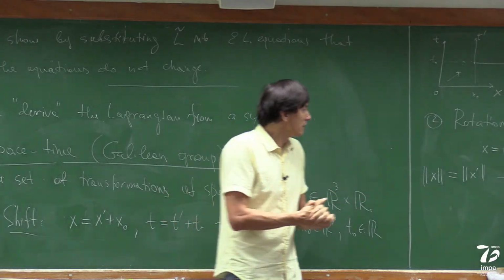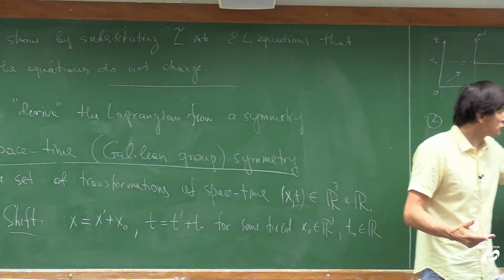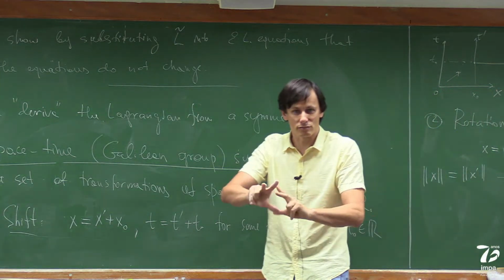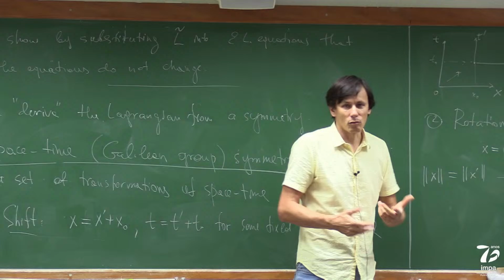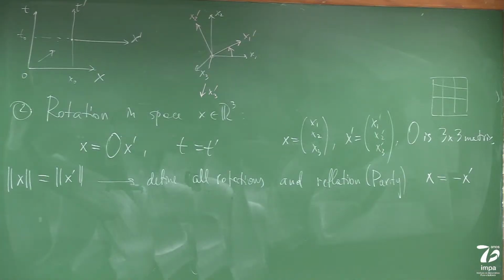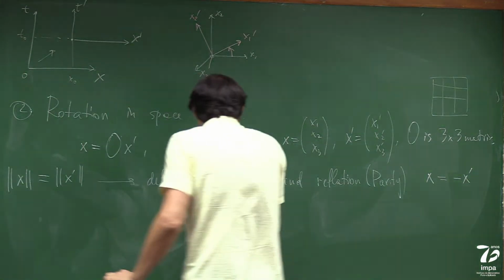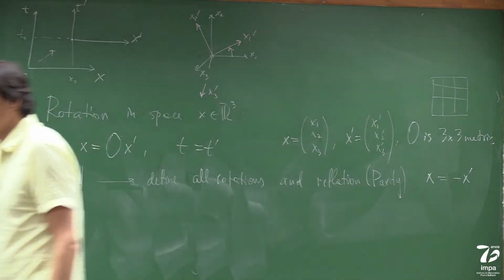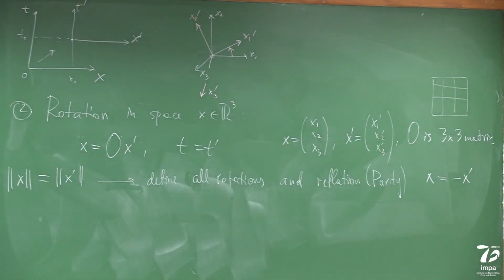And important is that whenever you change all coordinates by minus in 3 dimensions, you cannot put them back by rotation. That's why it's a different component. So preserving the size of the vector, which in mathematics is called isometry, will give you all rotations together with parity.